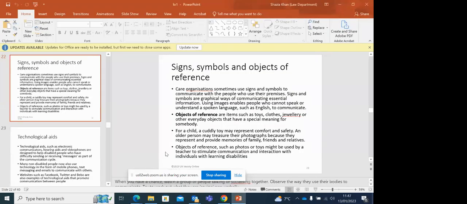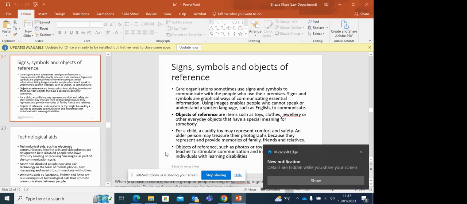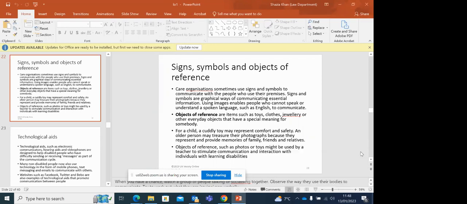So signs, symbols and objects of reference. Care organisations sometimes use signs and symbols to communicate with the people who use their premises. Signs and symbols are graphical ways of communicating essential information. Using images enables people who cannot speak or understand a spoken language, such as English, to communicate.